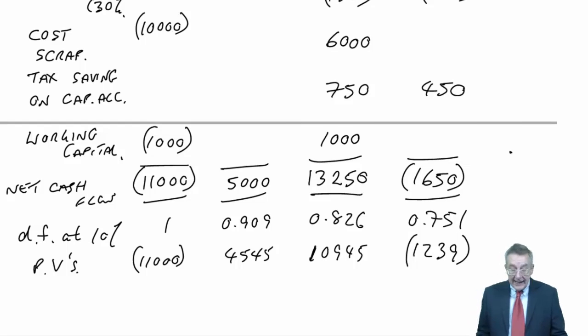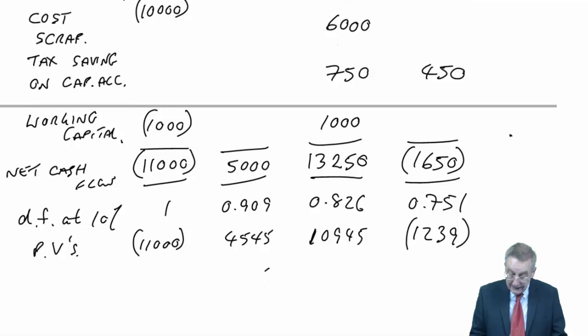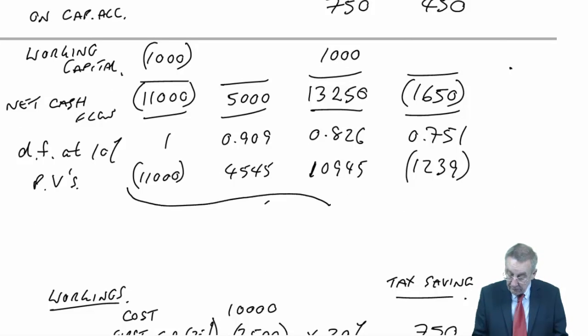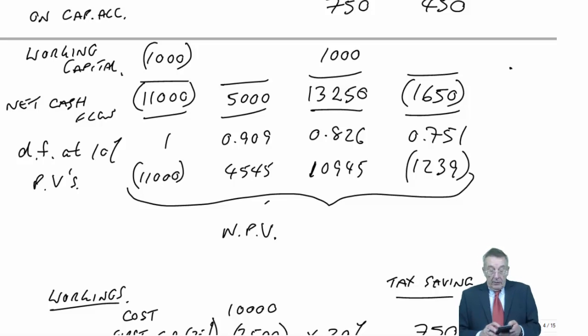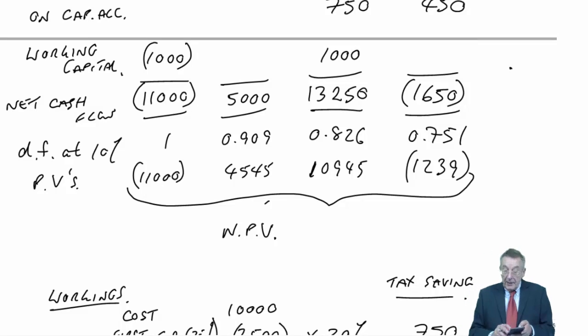And so what's the net present value? The positives, 4,545 plus 10,945, minus 1,239, minus 11,000.